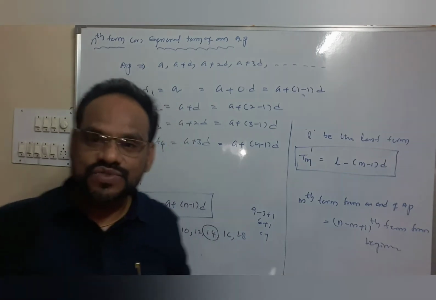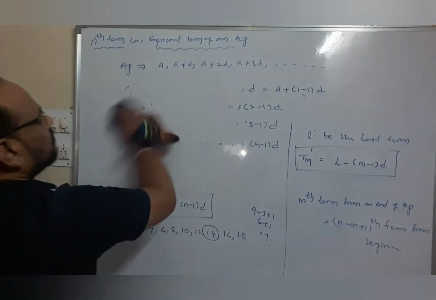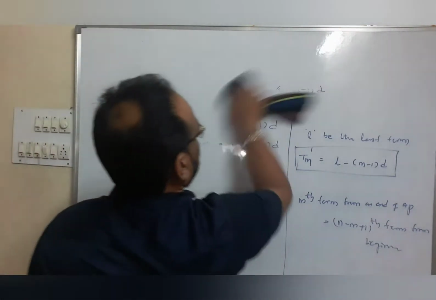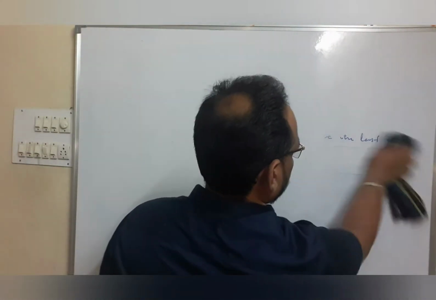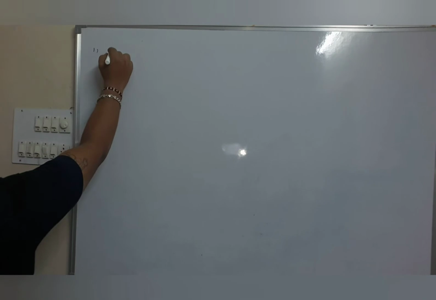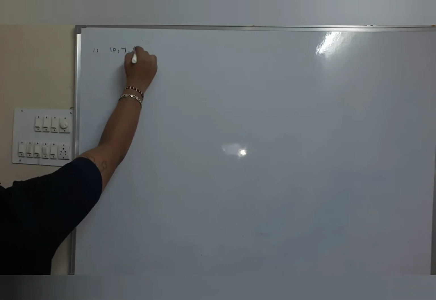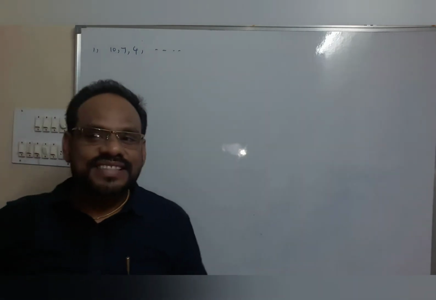How are questions asked about the nth term? For example, 10, 7, 4 and so on. What is the 30th term?